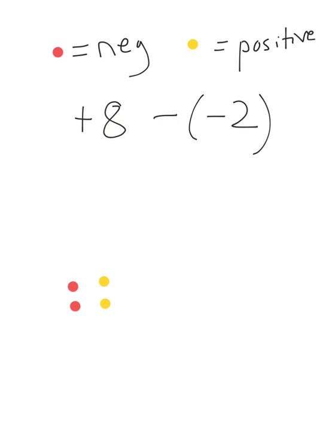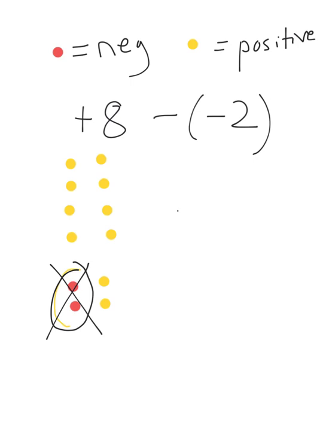Now, because I've added these two zero pairs, I actually have the negative 2 that I want to take away. I'm just going to erase them from over here so that doesn't confuse things. But if I now remove these two negatives, I end up with 1, 2, 3, 4, 5, 6, 7, 8, 9, 10 positive.